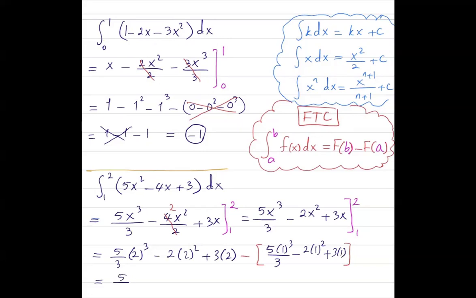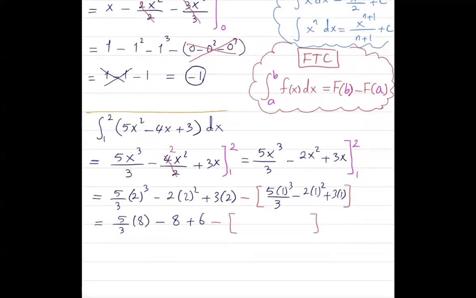So you have 5 divided by 3 times 8 minus 2 times 4, which is 8, plus 6 minus 5/3 minus 2 plus 3.